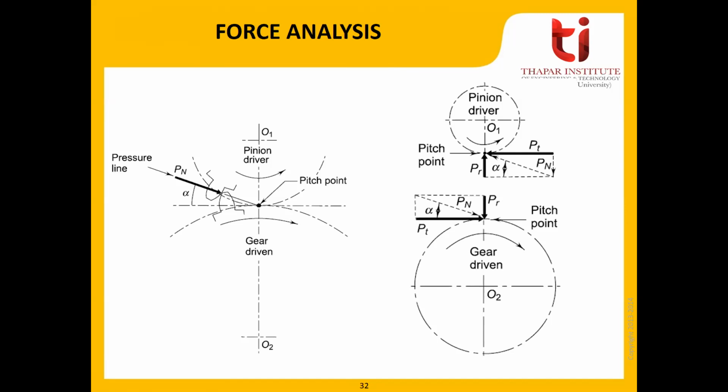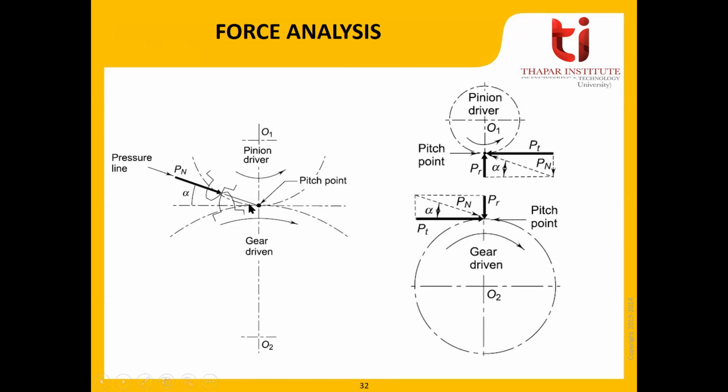In this case, if the pinion is the driver, the driver will impose force on the driven, and that force, as we saw in the previous slides, would be along the line of action, or you can say the pressure line. So this is Pn, the force imposed by this driver pinion on this gear, which is the driven part.